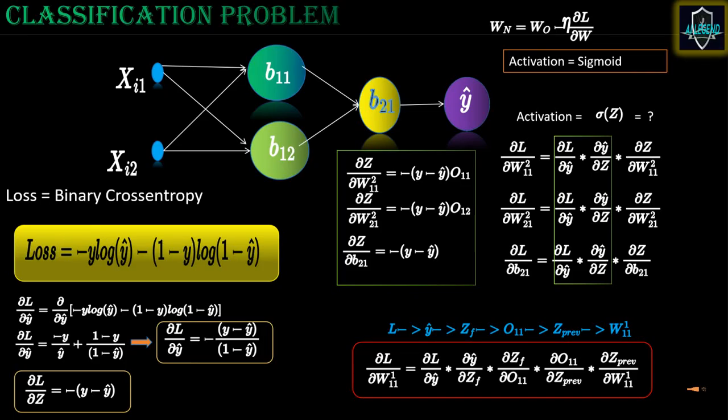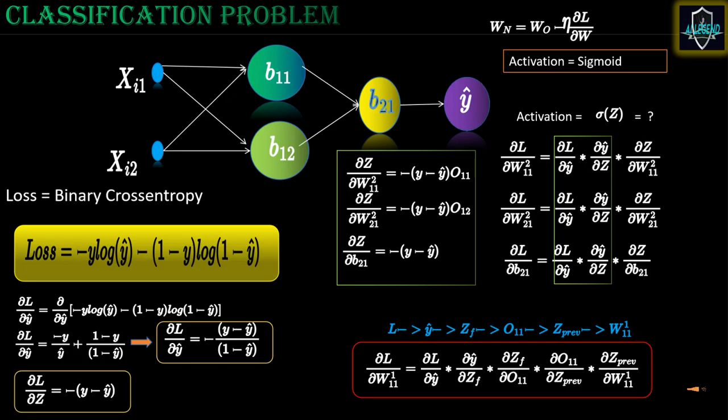So from the first term, minus y log y hat, if we take the partial derivative, it will come 1 upon y hat. Then the minus will become minus minus, so it becomes plus, giving minus (1 minus y) upon (1 minus y hat).